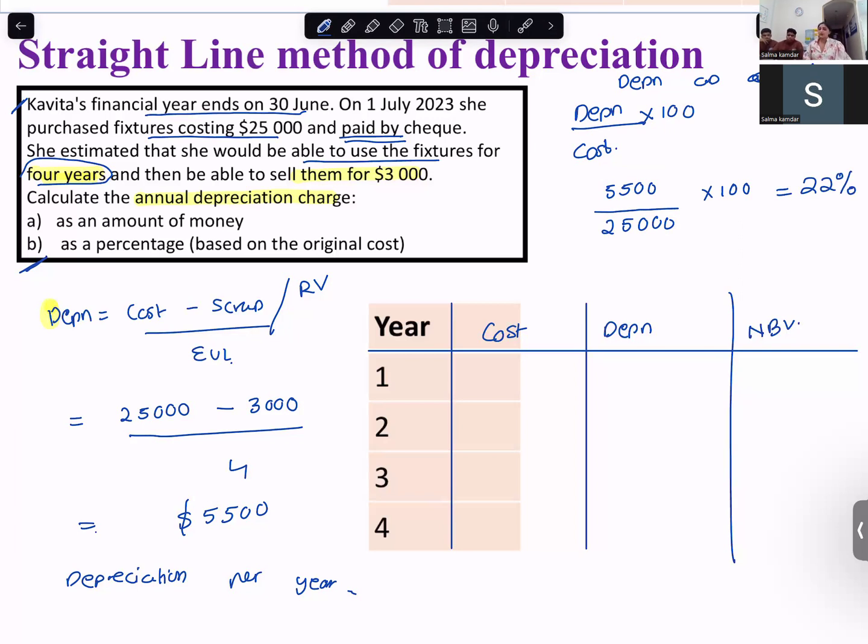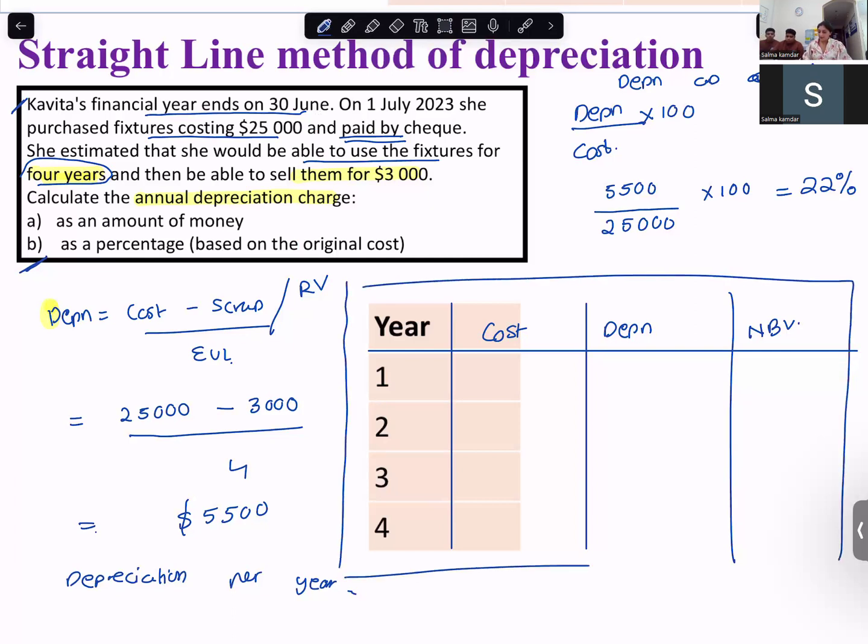Now the most important thing when you're doing depreciation in any sum, we are just building the basics. This table is very important. This is called the table for charging depreciation.